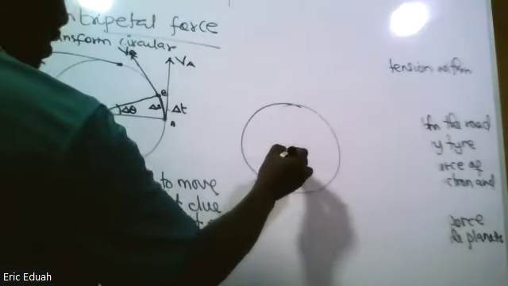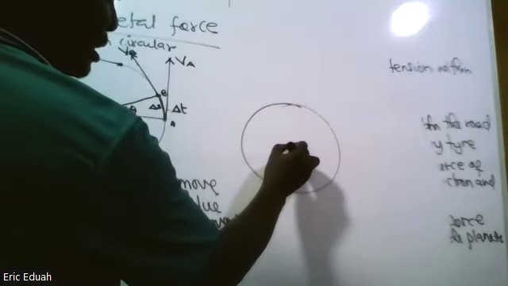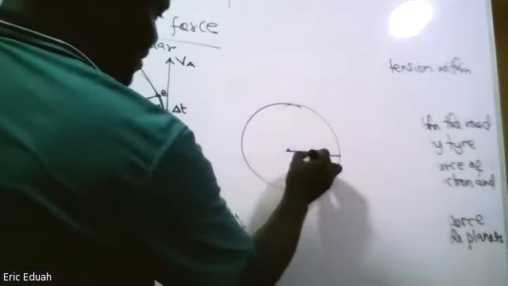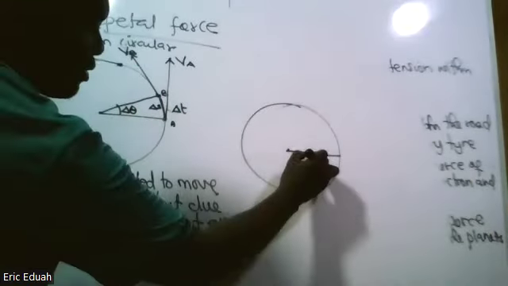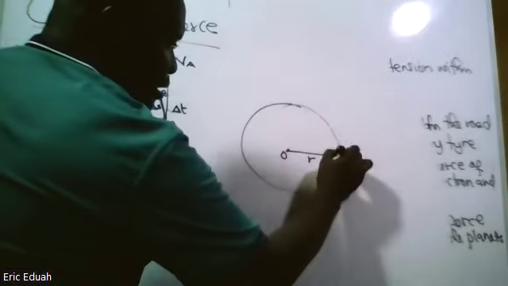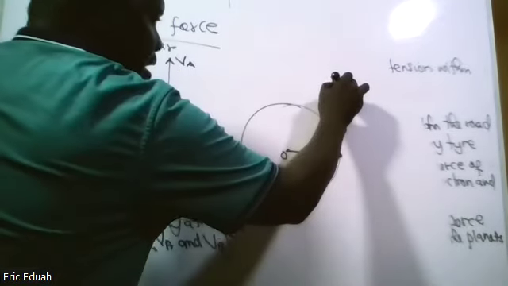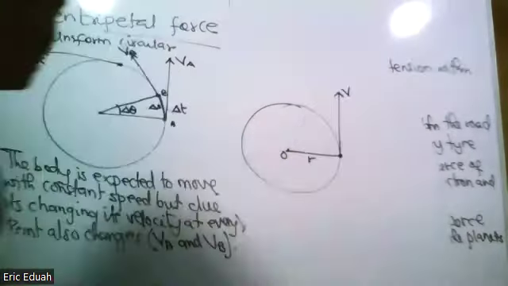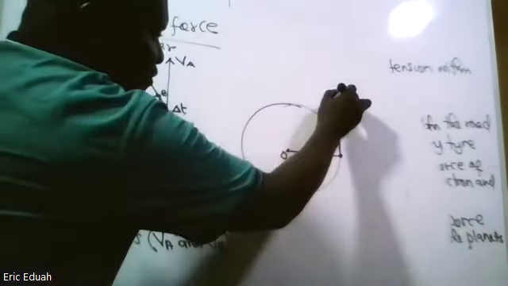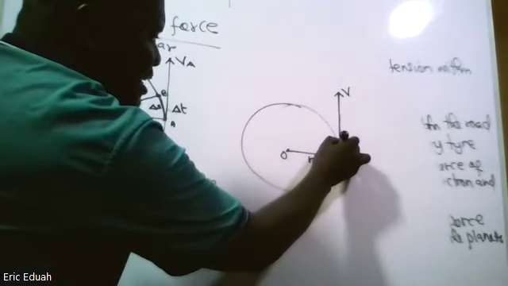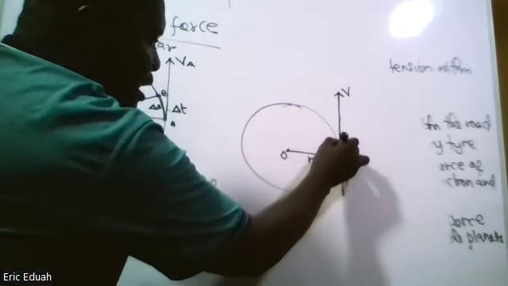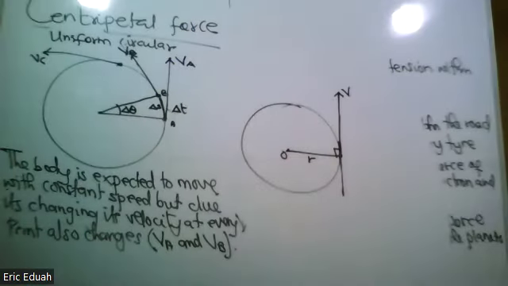If a velocity is tangential to a circle, it means that if this is the radius, R, and the velocity, V, is here, this velocity is perpendicular to the radius.